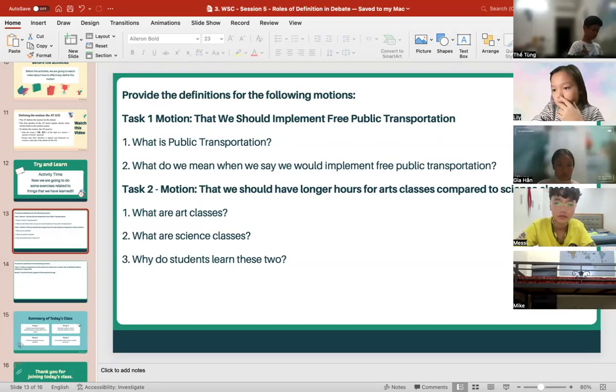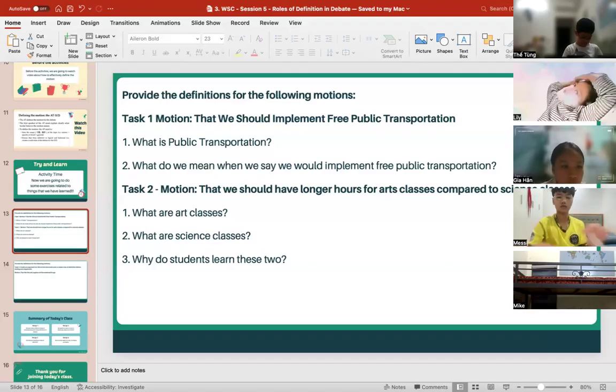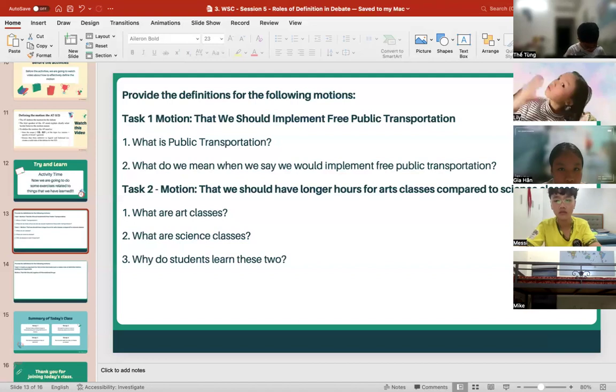Okay, so public transportation. I think public transportation is any form of transportation which is available to the general public, something like that. That's what I think of public transportation.